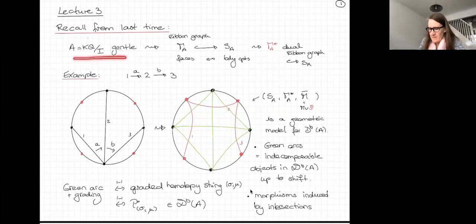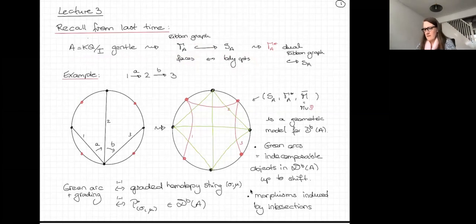So we started with a gentle algebra. From that gentle algebra, we constructed a ribbon graph. And that ribbon graph then is a deformation retract of a surface that's unique up to homeomorphism in such a way that the faces of the ribbon graph are in bijection with the boundary components of the surface.